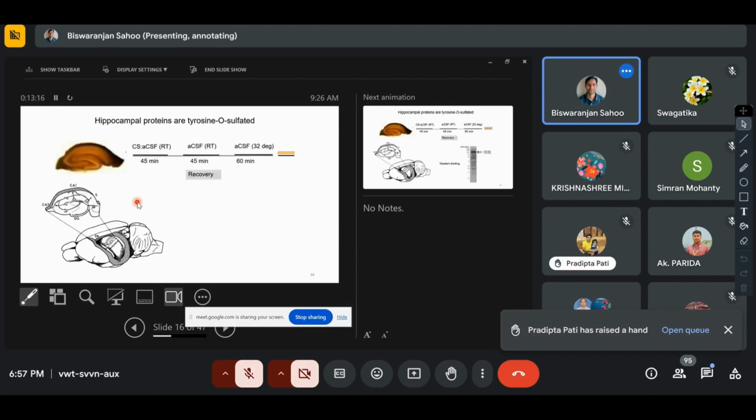To check that, we took a rat brain, the medial temporal lobe of the rat, took out the hippocampus and sectioned it in a vibratome, just like a microtome.